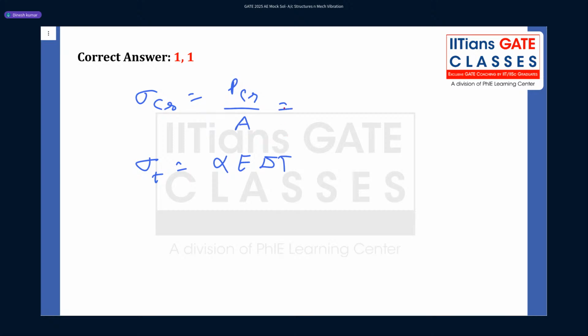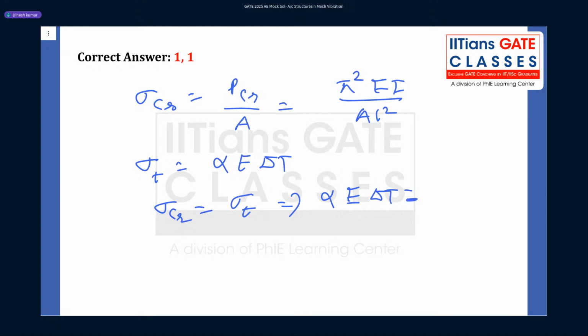Now, what is sigma critical in this case? It is pi square EI by A into L square. Now, guys, at buckling, your sigma critical should be equal to sigma thermal. So from here, alpha E delta T equals pi square EI upon A L square.